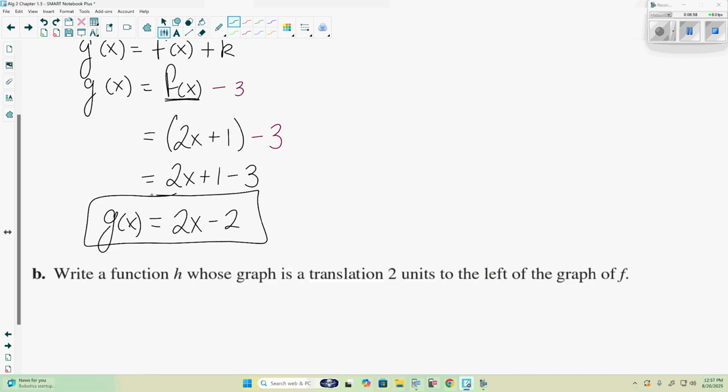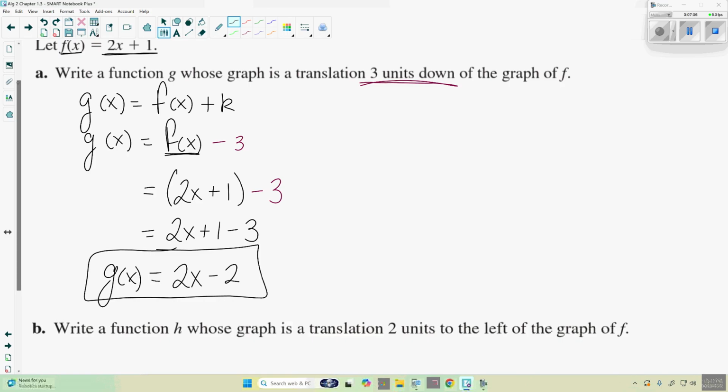And that's it. Up and down is nice. Left and right. Again, before we get there, we feel good about up and down. Yes?